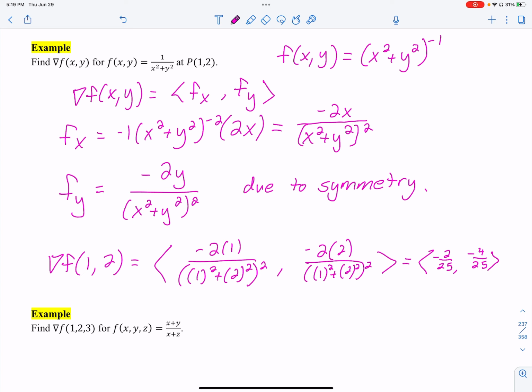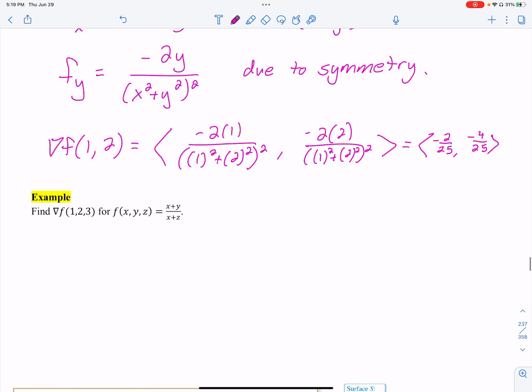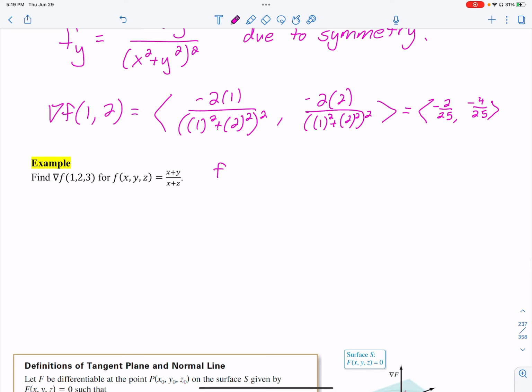All right, I got one more example of this here. Again, our gradient definition, we'll write it here just so we have it. It's partial of f with respect to x and partial of f with respect to y. So we're going to find fx. All right. I think quotient rule is actually okay here. It's not as bad.